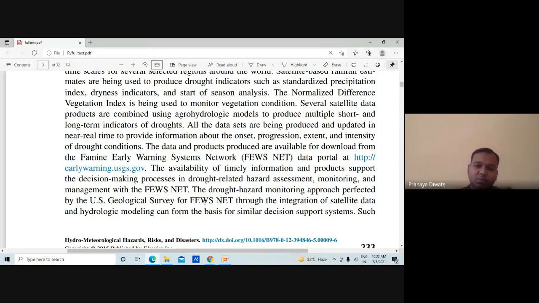The drought hazard monitoring approach perfected by the US Geological Survey for FEWS NET, through the integration of satellite data and hydrological modeling, can form the basis for similar decision support systems.